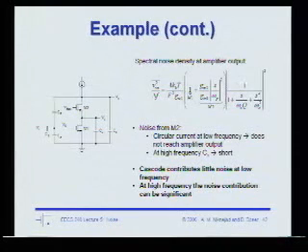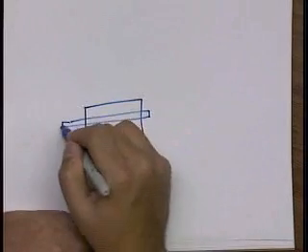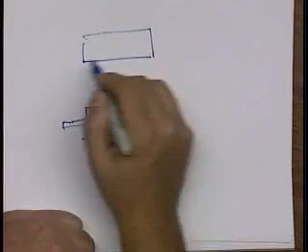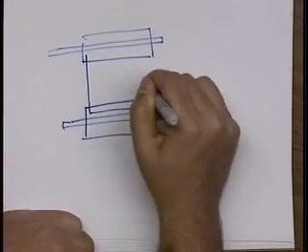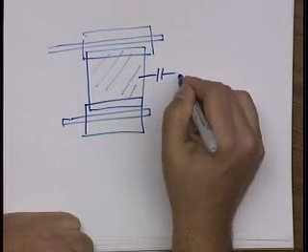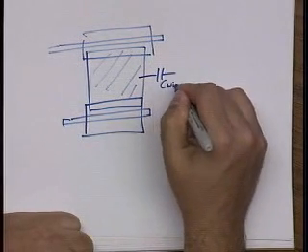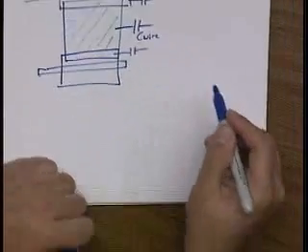So let me draw a picture. Instead of having two transistors like this and actually connecting them with a piece of wire, that would give us wire capacitance, and you'd get two junction capacitors. I can just share.